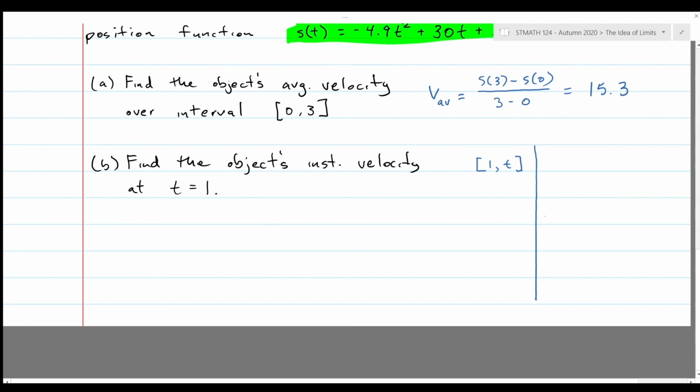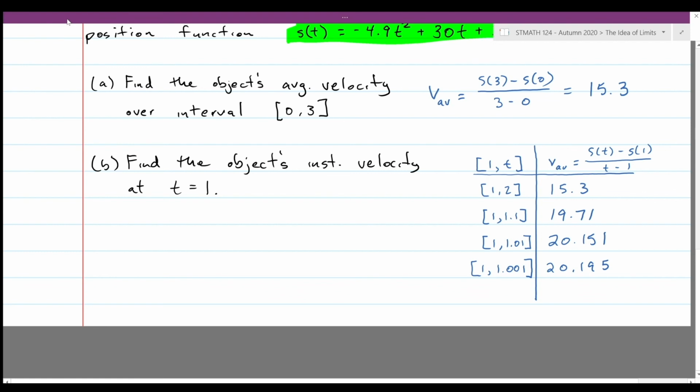By the way, it would be okay to do intervals from t to 1, where 1 is the terminal time too. Doesn't really matter. Should get the same answer. And then I'm going to do my v average in this table, which is s of t minus s of 1 over t minus 1. And I think I'll do like 1 to 2, 1 to 1.1, 1 to 1.01, 1 to 1.001. So I'm going to run to my calculator and calculate these things and come right back with the table filled in.